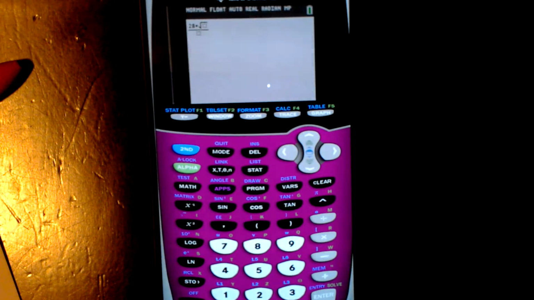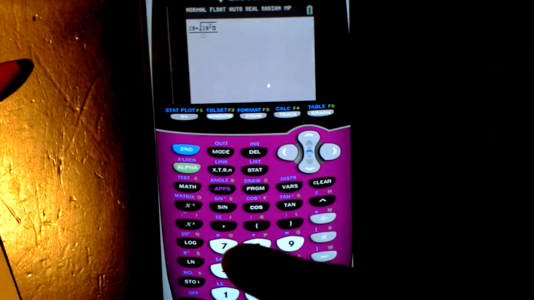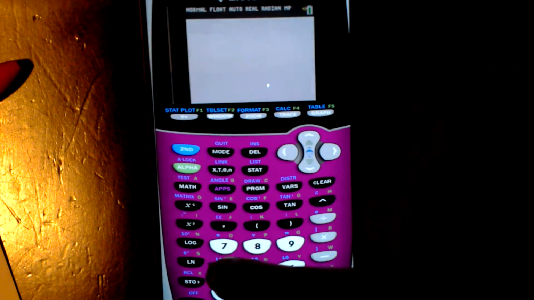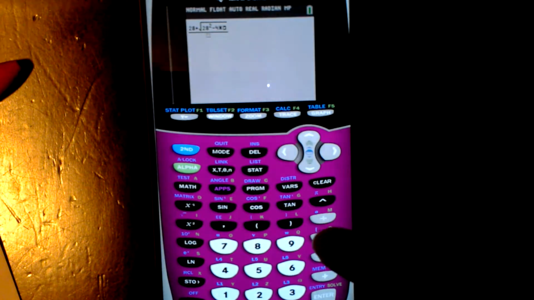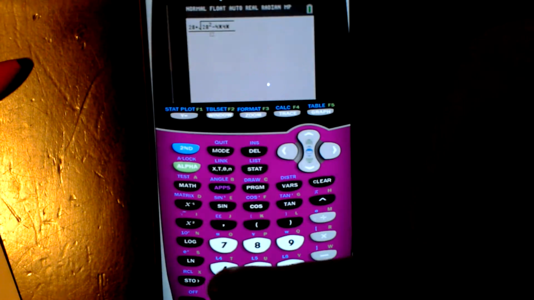So it's negative b plus or minus the square root of b squared. So a negative squared, that's a positive, squared, minus 4ac. So 4 times 4 times 49.